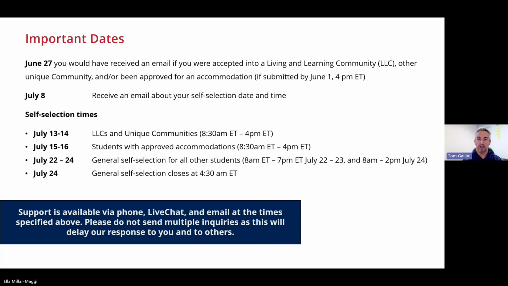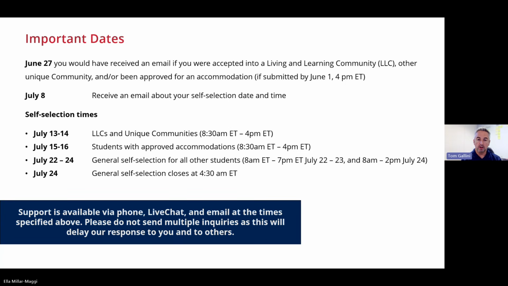The goal of accommodations is providing you with a space that meets your approved accommodation need. There are going to be a range of rooms available in those self-selection groups. For example, if you've been approved for a single room, there will be some single plus rooms available, a limited number in that self-selection group. And then the big one is general self-selection, which will be the following week.